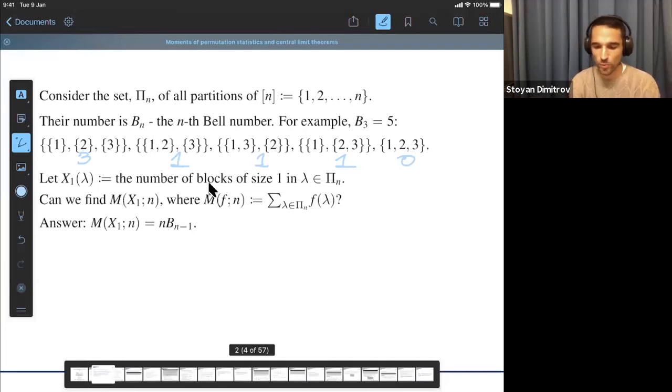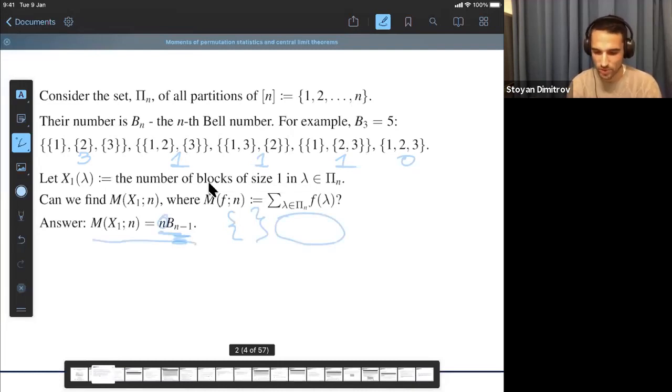Probably all of you can immediately see that the answer is n times B_{n-1}, because in the singleton block we can put 1 out of n elements, and then the rest of the set partition can be formed in B_{n-1} ways. So in total, we have n times B_{n-1}.